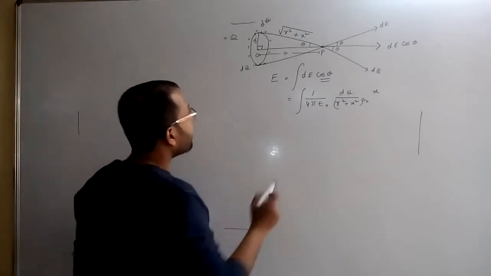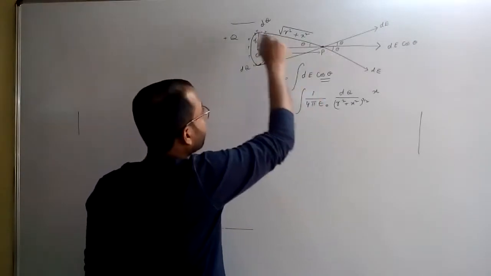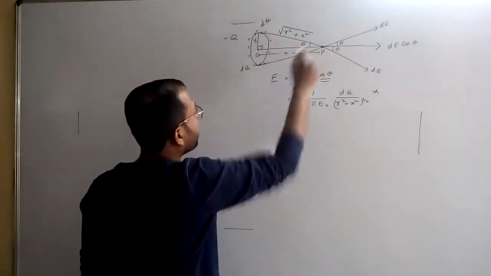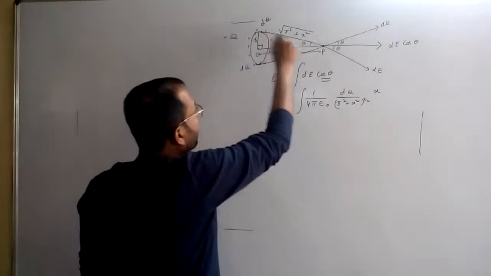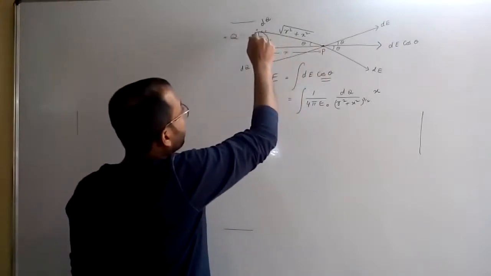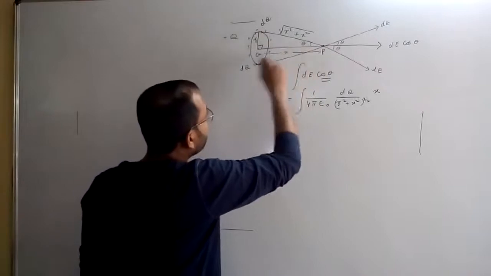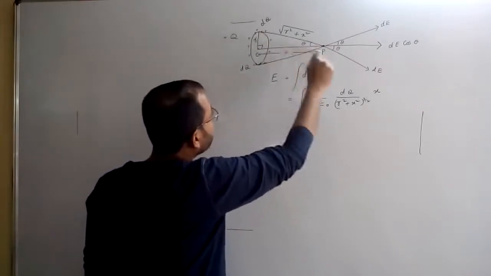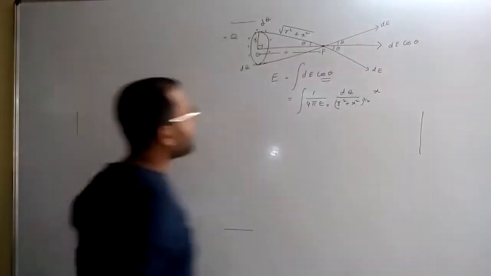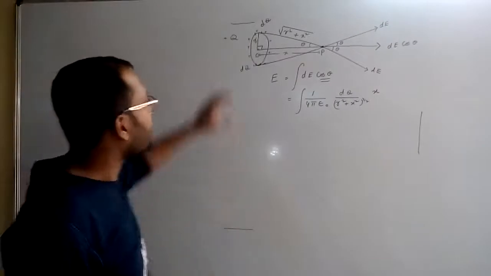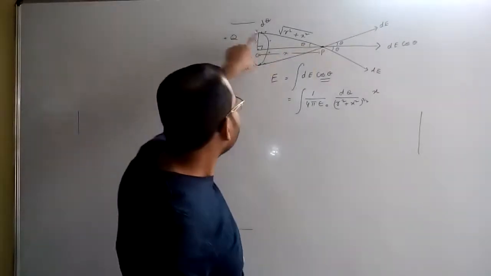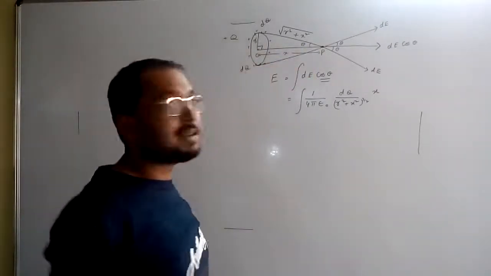You should realize that this distance is a constant. Why is it constant? Well, because if I join all the points on the circumference of the ring to the point P, what I'll get is a cone. And this will become the slant height of the cone.